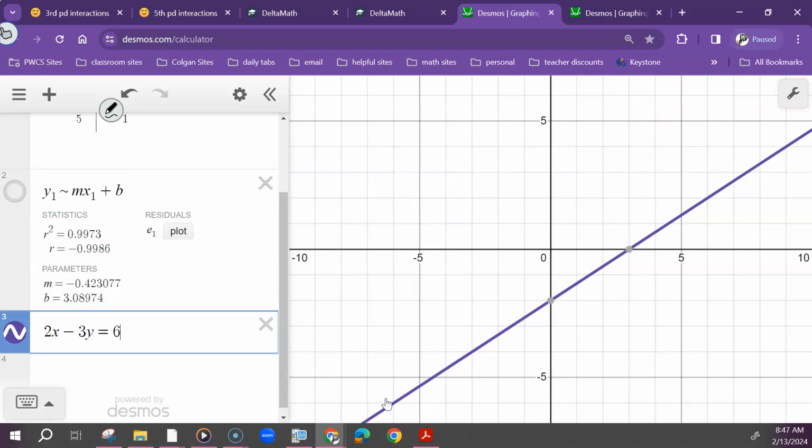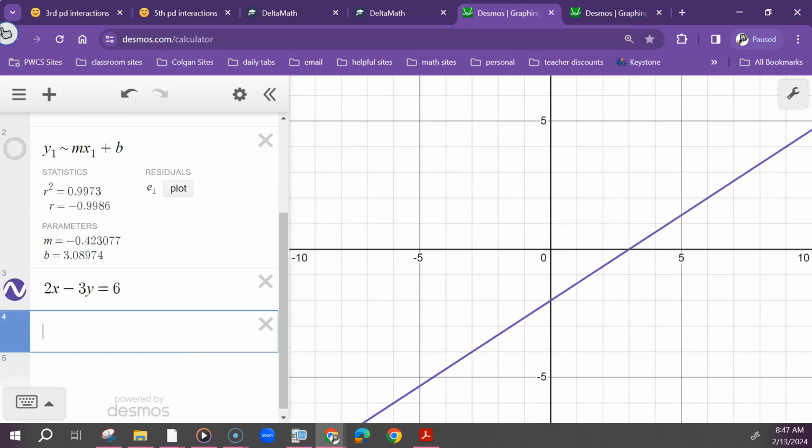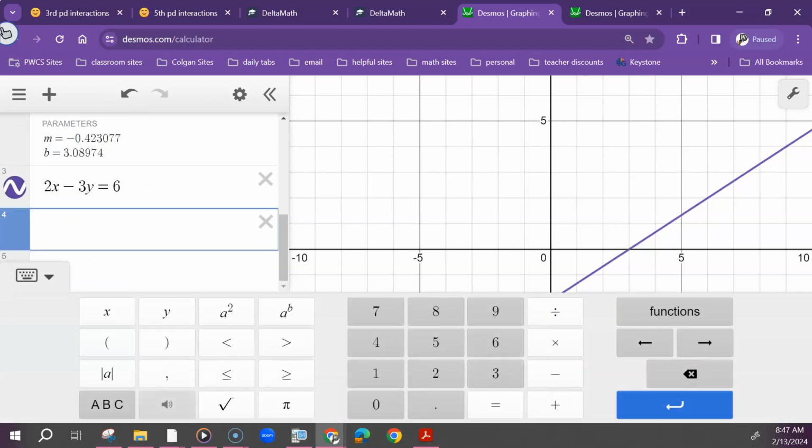Find the slope of this line, which is 2/3, and then really you don't even have to type anything in. So now that you know the slope of this line is 2/3, if it's perpendicular, you need the opposite slope, so something that would have a negative 3/2.